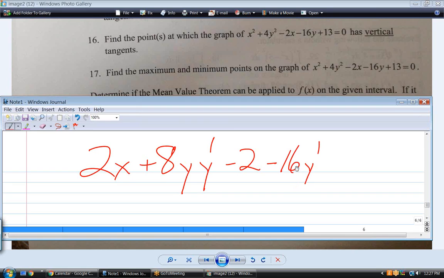Yep, because that's a variable that's not x. Okay. So whenever we run into a variable that's not x, we've got to follow it with a dy dx. Or if that were an r, we'd have to follow it with a dr dx. Okay? And that's all equal to 0. In other words, the 13 goes away, the 0, you still have to take the derivative of the right side, but it becomes 0. Okay, now what's the next step?